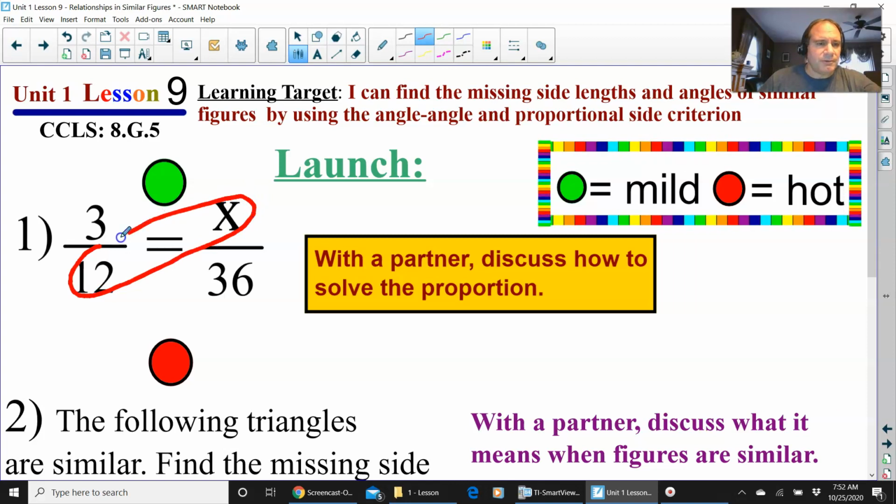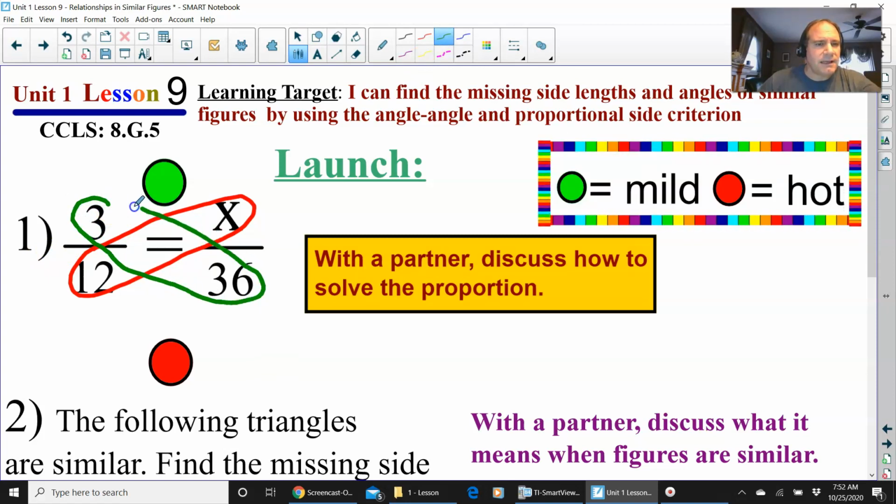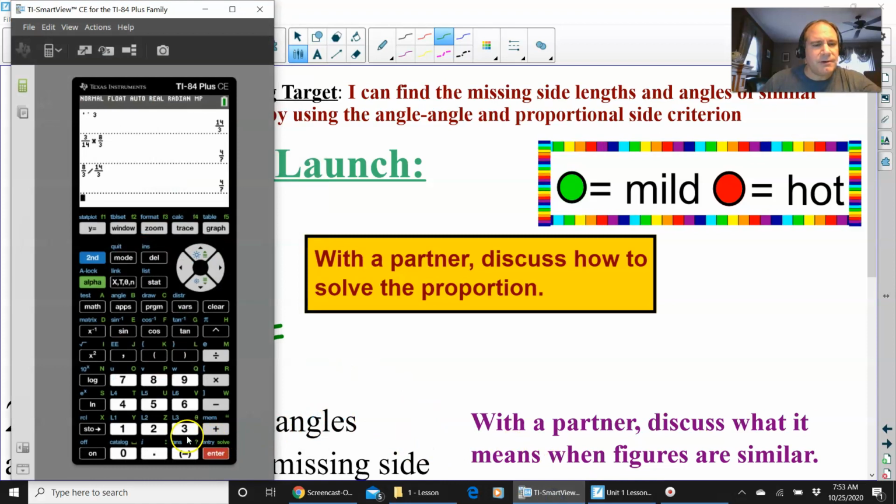Yes, you cross multiply. All right, so I'm going to just draw some circles around, and I'm going to use different colors to show you. All right, let's go ahead and multiply. 12 times x is 12x, so I'm going to write that down, 12x. And 36 times 3, just remember, use that calculator. 36 times 3, enter, 108.